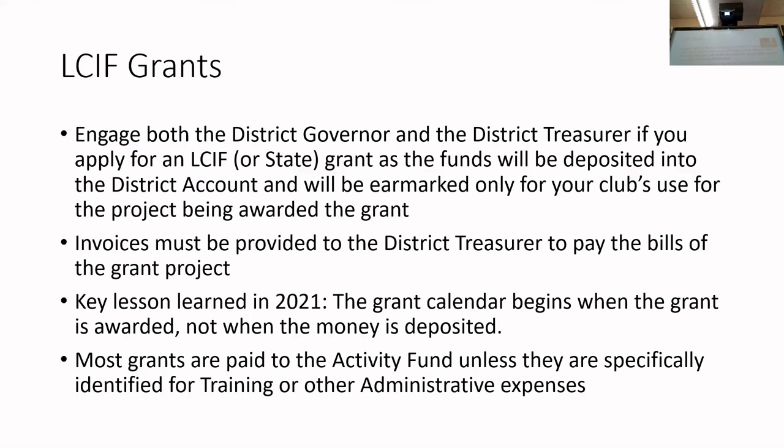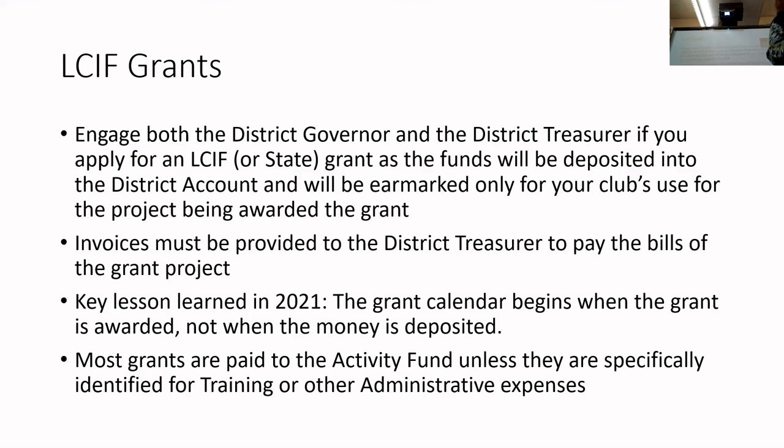Okay, here's another thing about grants. Most grants are paid to the activity fund unless they're specifically identified for training or other administrative expenses. Our group did receive 2 grants this year. One of them was for advertising or printing. That was a grant that Terry Huffman got just before she became governor.